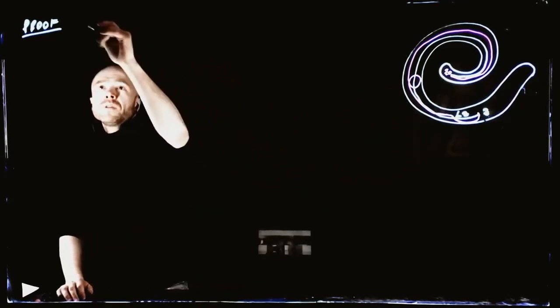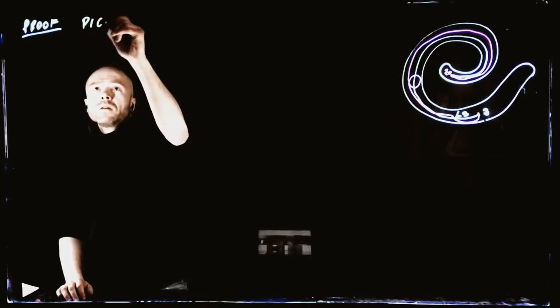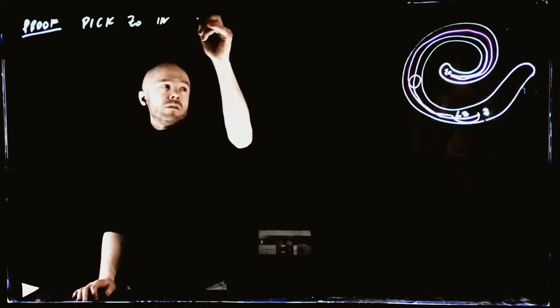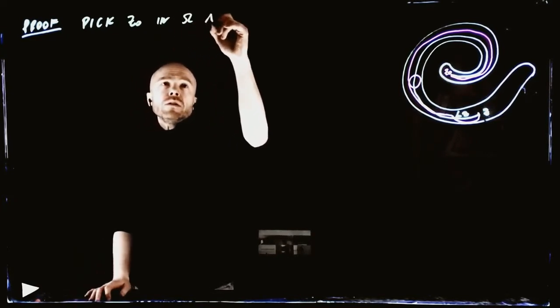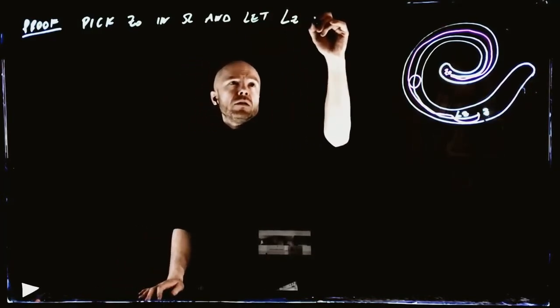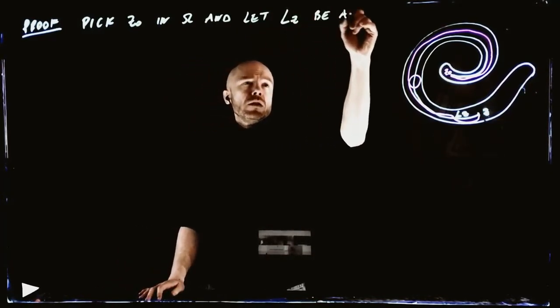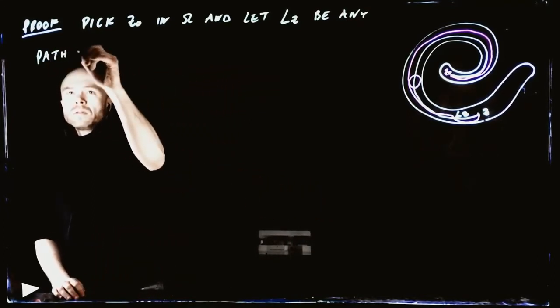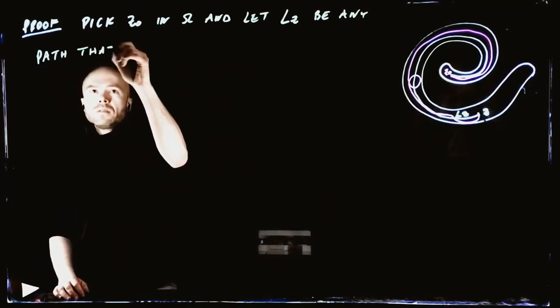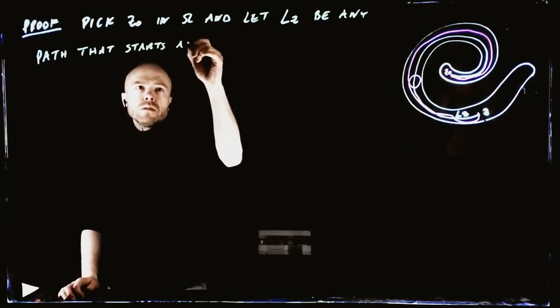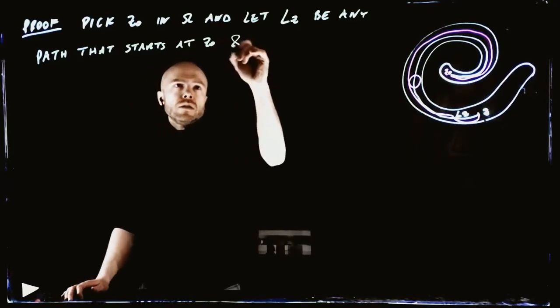So pick z0 inside our set omega, and let L of z be any path that starts at z0 and ends at z.